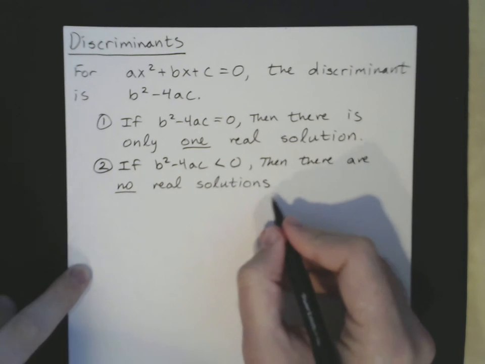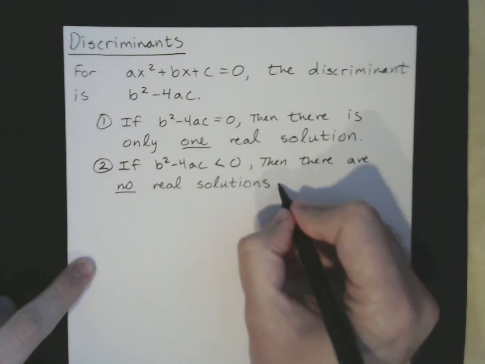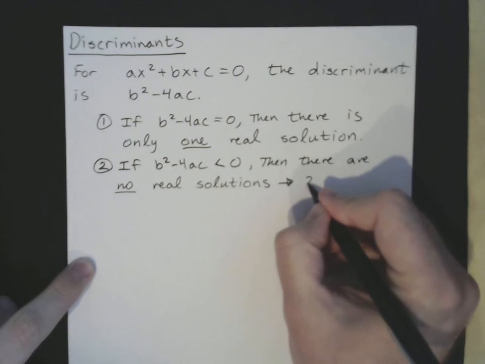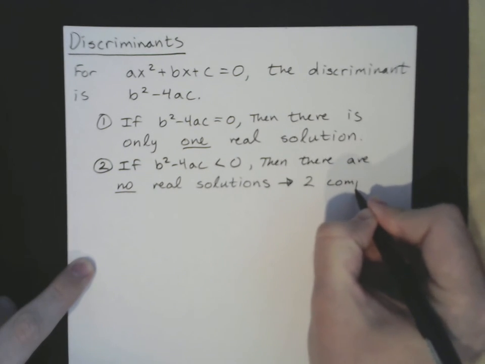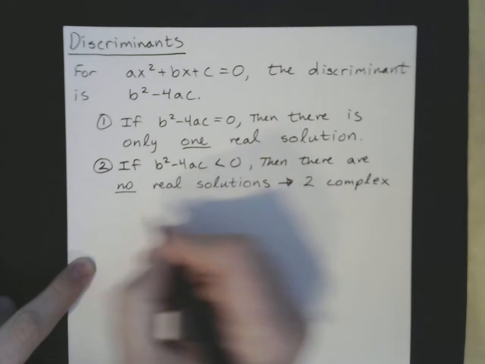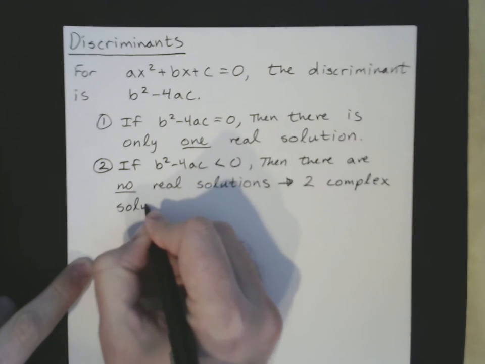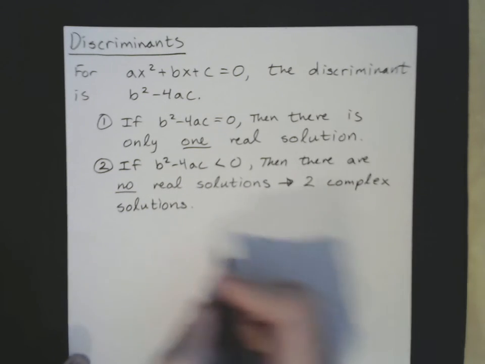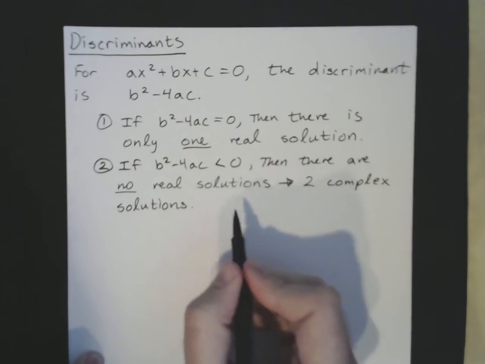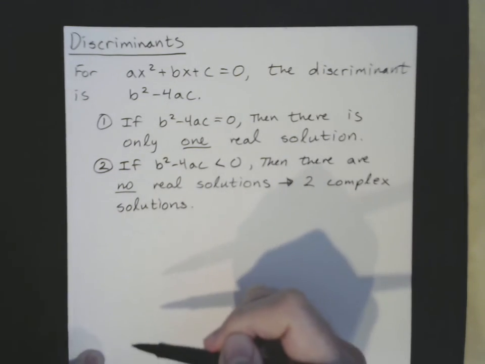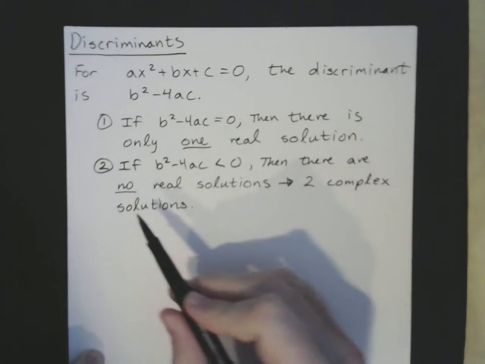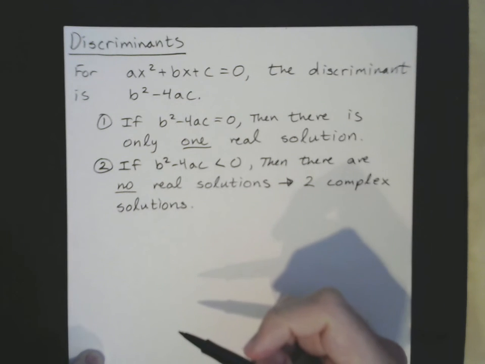Now remember, we just introduced complex numbers at the end of chapter 10, so this doesn't mean that there's no solution, it means that there are two complex solutions. Earlier in the semester when we got no real solutions, we just stopped. But now that we have complex numbers, it's going to be two complex solutions. You're going to have i's in your answer.